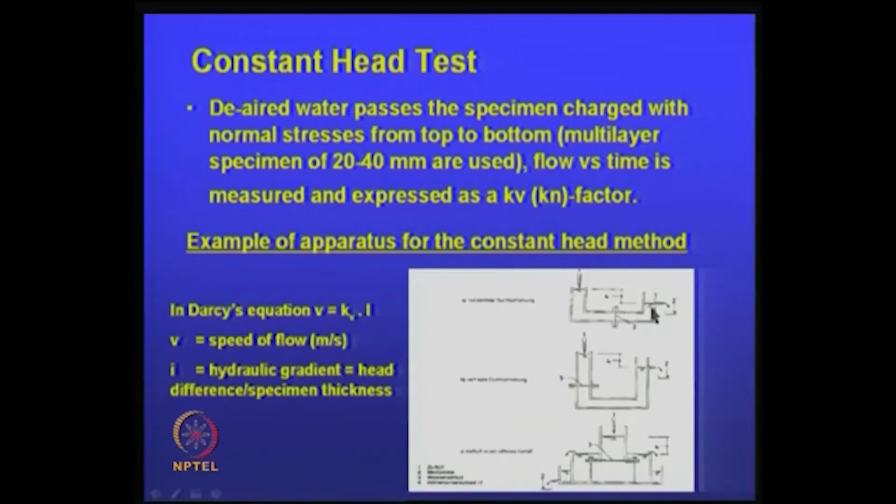This is what is called the horizontal permeability, where the geotextile is placed. This is another setup that you can keep vertical, where vertical permeability can be measured. This is another type where you can measure the permeabilities at different gradients. Essentially, this is a simple setup that people have developed to understand the geotextile permeability.